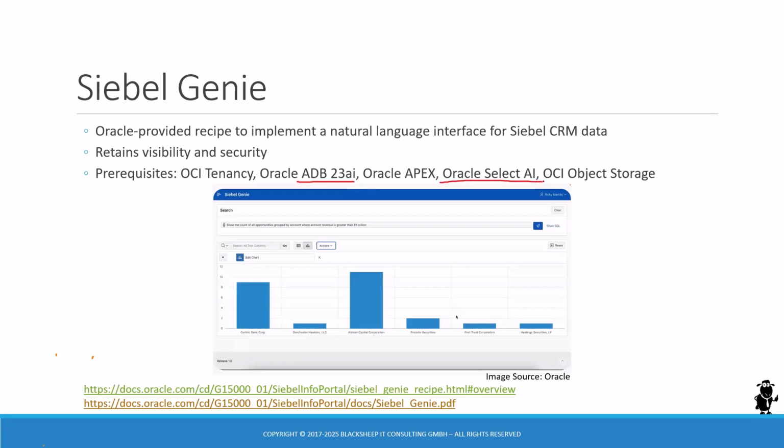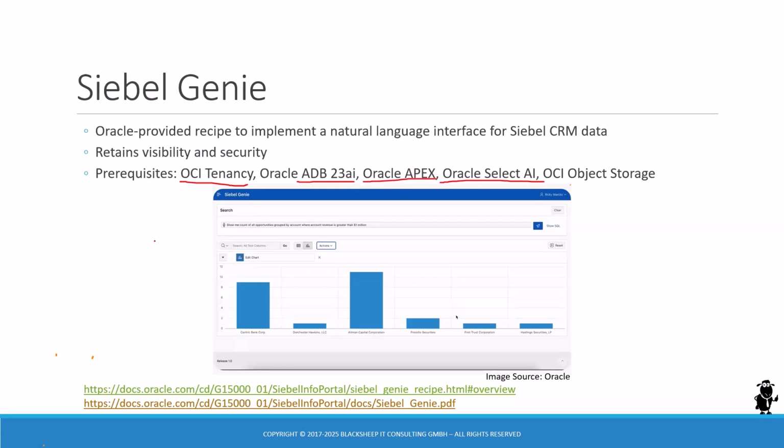Because it uses Oracle Select AI, which is the ability to use natural language to select data in a database. And naturally it requires an OCI tenancy because you need to run OCI object storage and the Oracle Autonomous Database probably there. And you use Oracle Apex to create the actual application.